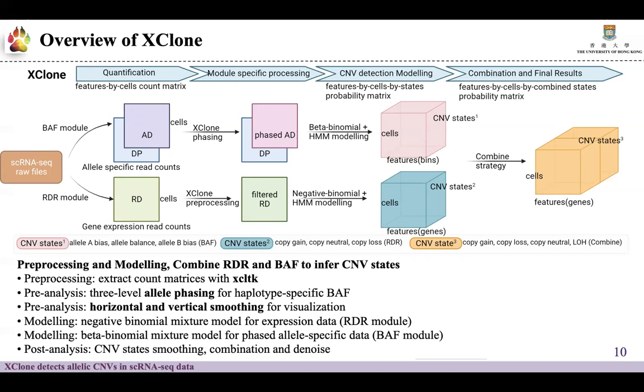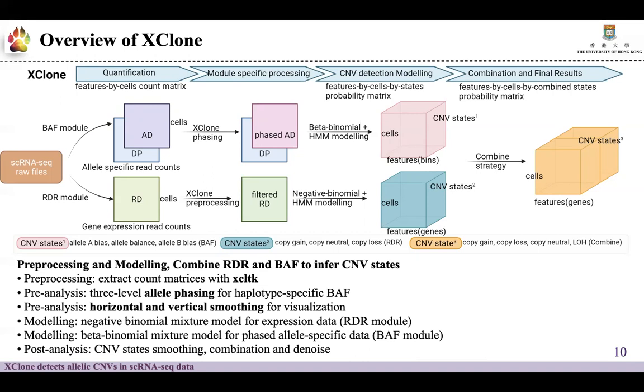To get more accurate copy number variation detection results, we developed XClone. The XClone workflow begins with the single-cell RNA sequencing raw files to generate the allele-specific read count matrix and the gene expression read count matrix.